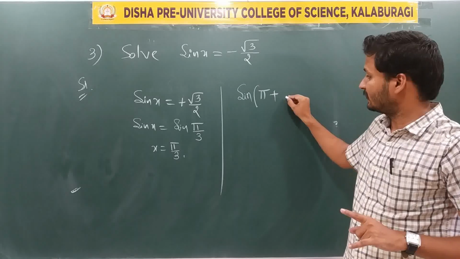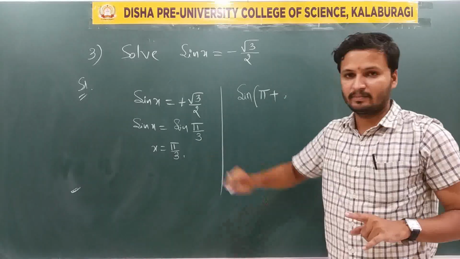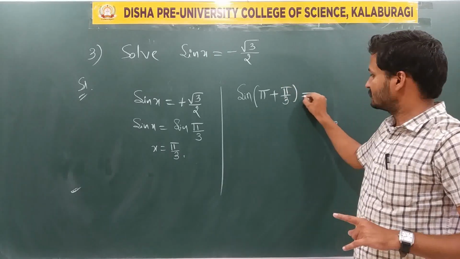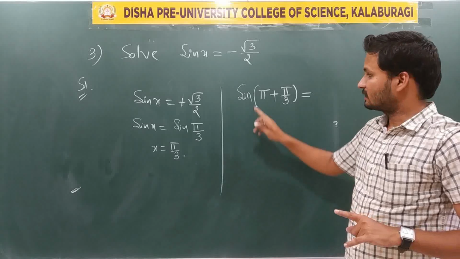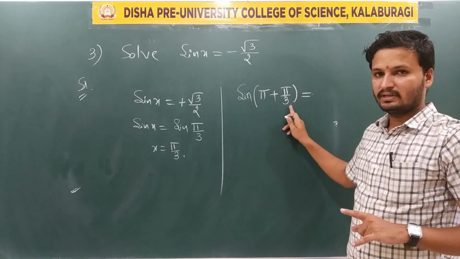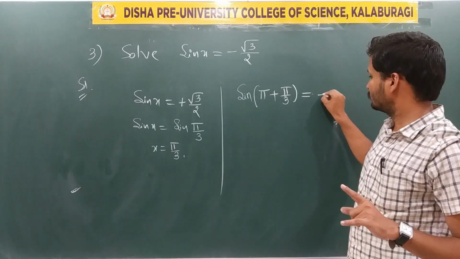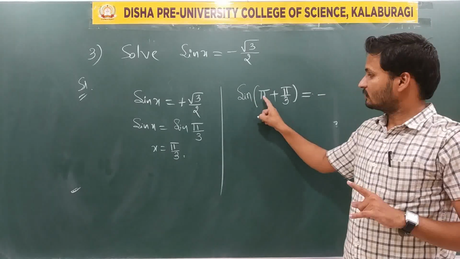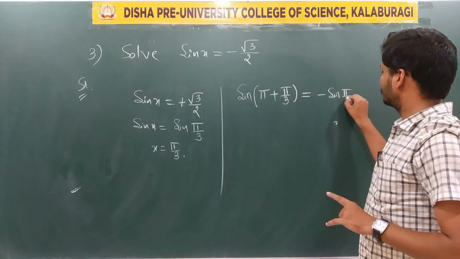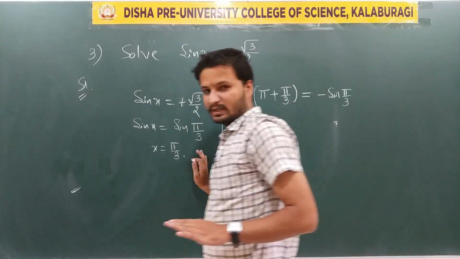Use here in place of theta this angle pi by 3. So sin of pi plus pi by 3. Sin of 180 plus theta is in the third quadrant, where the sin function is negative, so minus sin theta, that is minus sin of pi by 3. Here theta is pi by 3. Okay, up to here is clear.